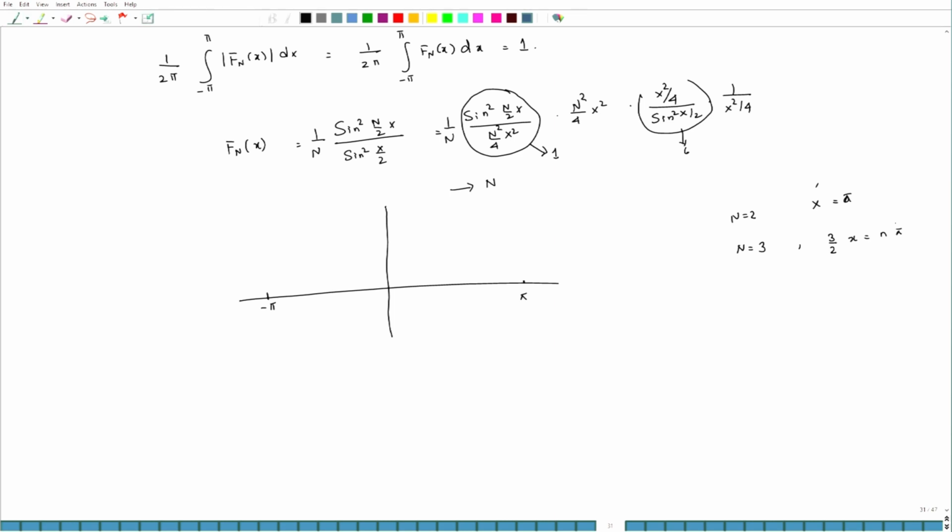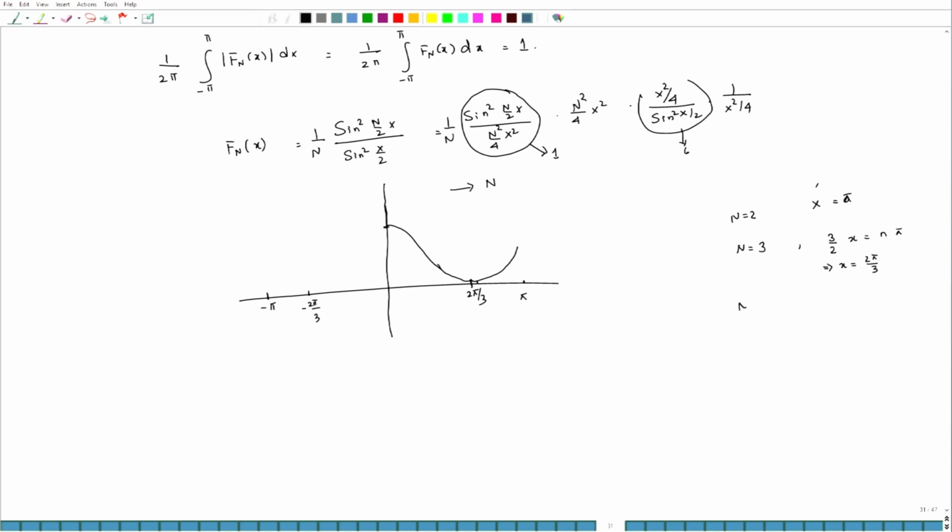How many such n are there? Only one, because x is between minus pi to pi. So, x is equal to 2 pi by 3, and it is an even function. So, this is minus 2 pi by 3, and here it takes the value n equal to 3. On this side this is 0 and then it goes like this.